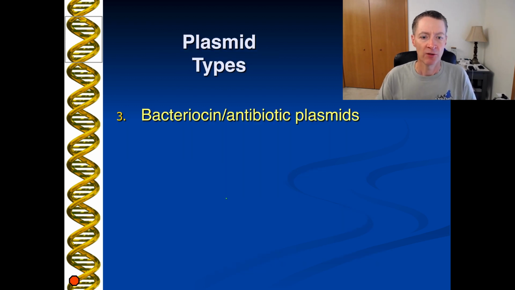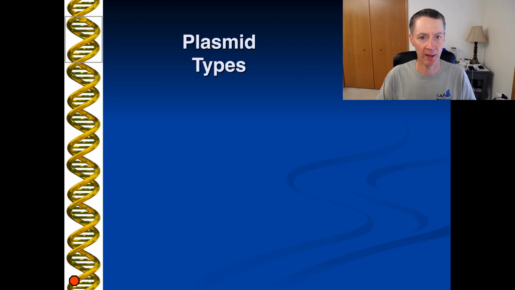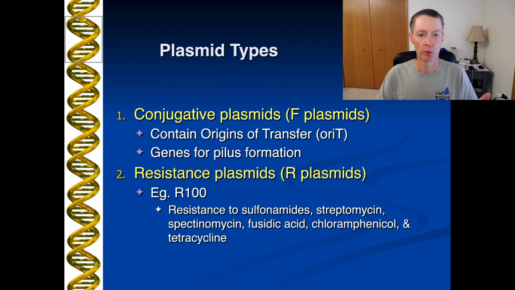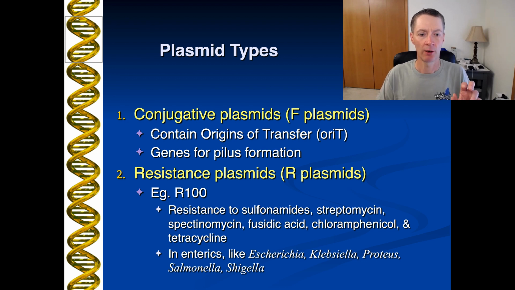All right, some other plasmid types. We have bacteriocin or antibiotic plasmids. Now this is different. I'm going to step back here to this other slide we just did. Resistance plasmids contain genes that give resistance to the antibiotic. They don't produce the antibiotic.